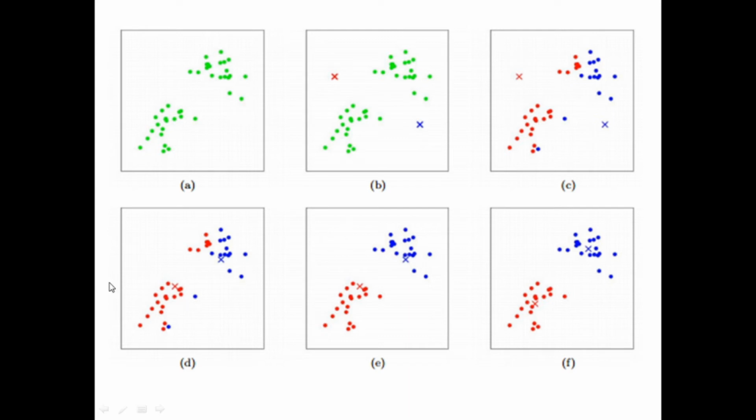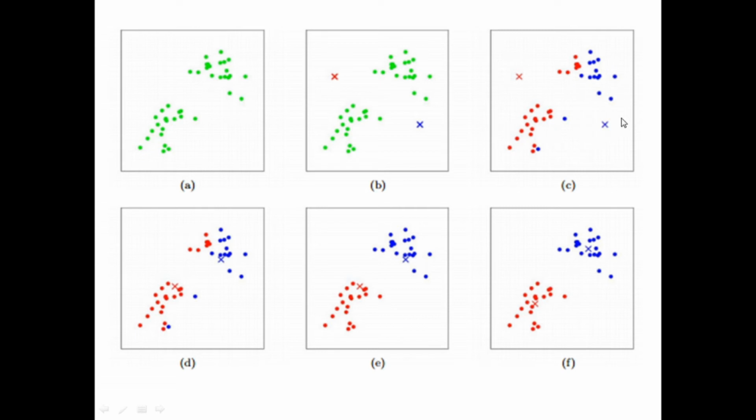Now I am recomputing the centroid. This X mark along with these red points comes under one cluster group now, and these blue data samples along with this blue X mark come under one cluster group.